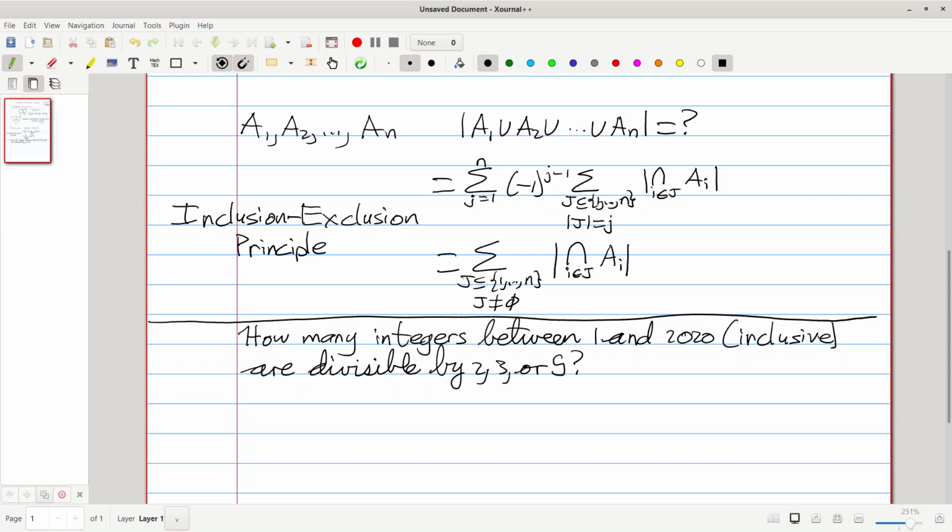So they have to either be divisible by 2, or by 3, or by 5, or possibly 2 and 3, or 3 and 5, or 2 and 5, or possibly even all three of them.